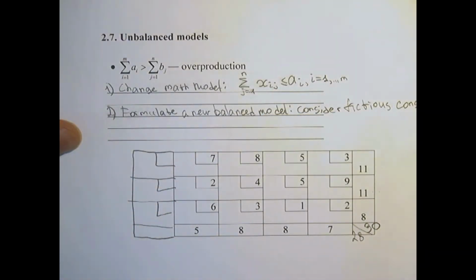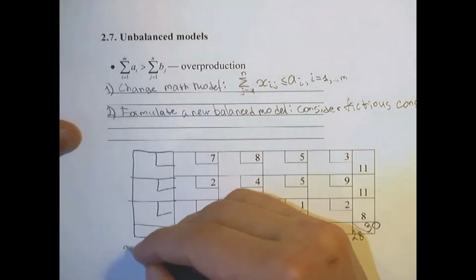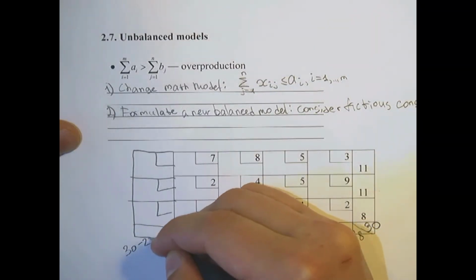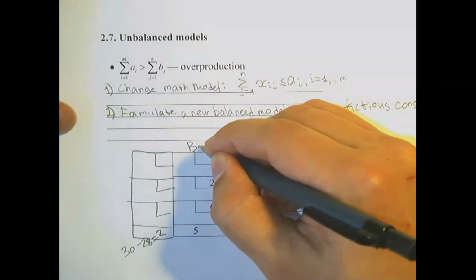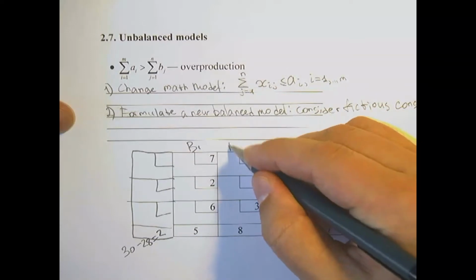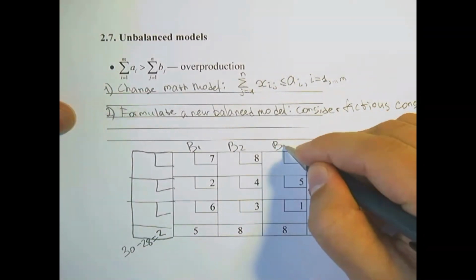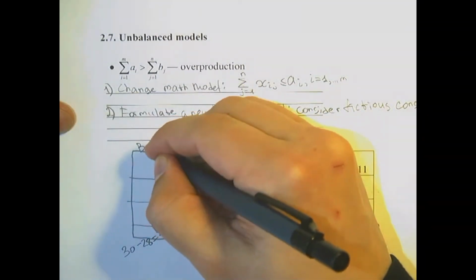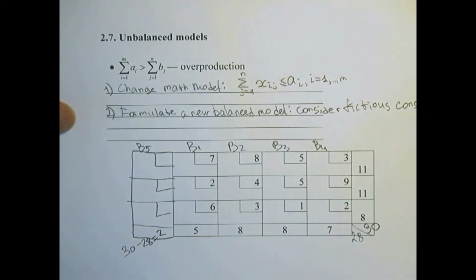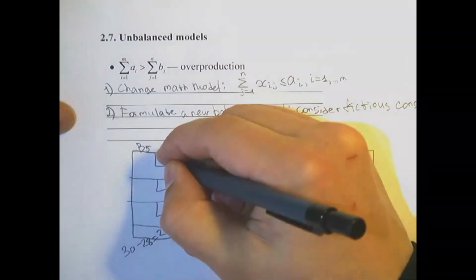The difference is 30 minus 28, so demand here is 2 units. This is the first real customer, the second, the third, and the fourth. And of course, here we consider the fictitious customer, number 5.